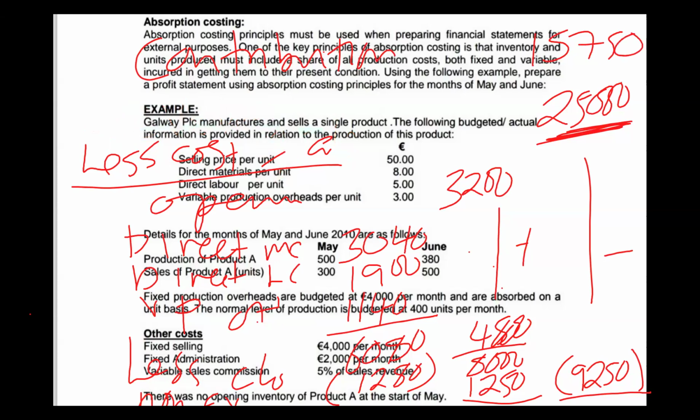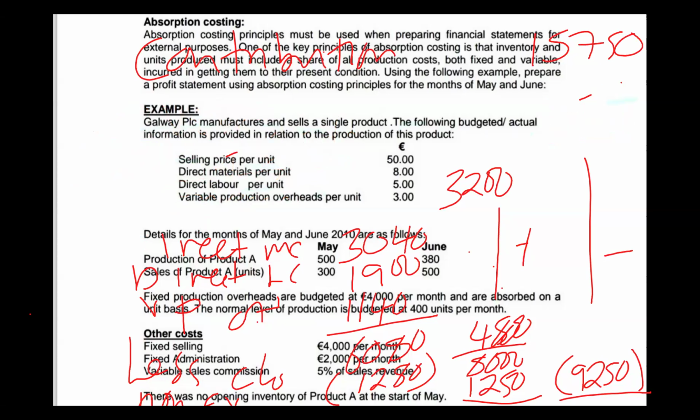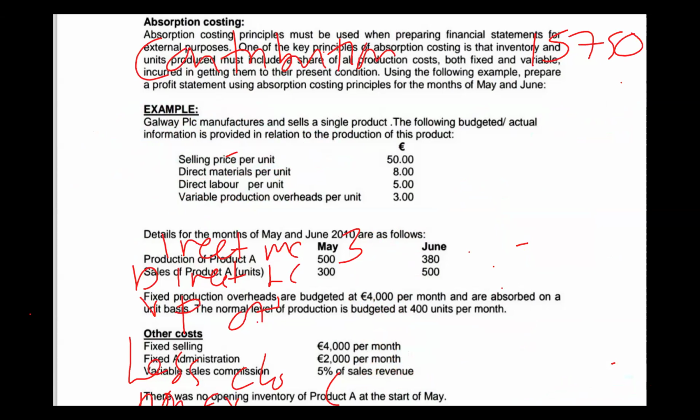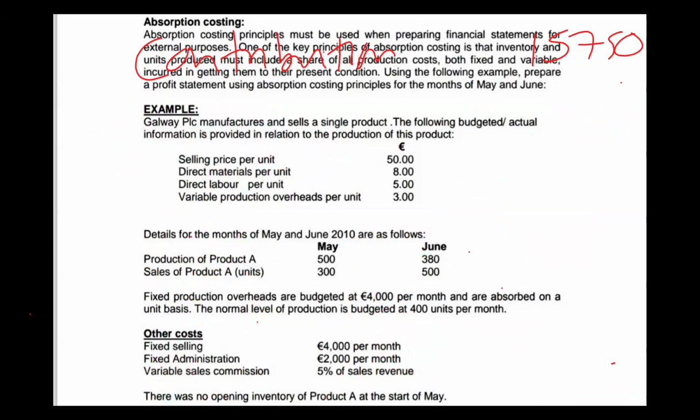We less the fixed costs. We can less all the fixed costs from here. Very easy work, right? Just deduct the fixed costs. We are starting with the production fixed costs. We are given that it is 4,000 per month.